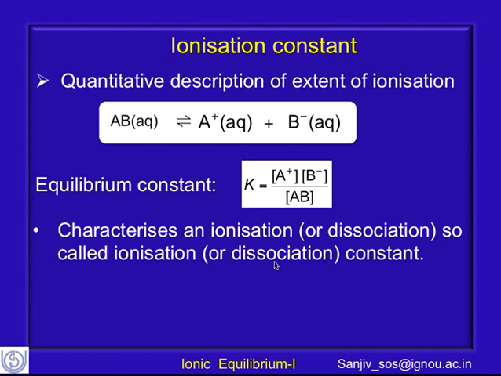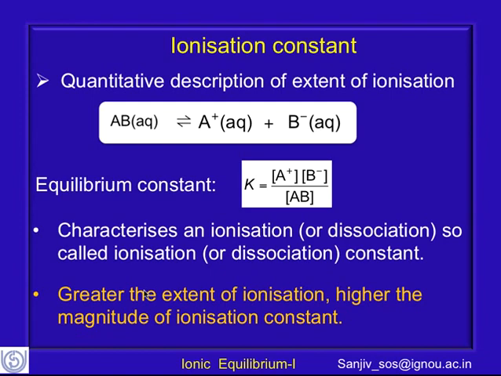I am using these terms interchangeably, but I have made it clear what dissociation means and what ionization means. In the context of weak electrolytes, ionization is the more appropriate term rather than dissociation. Now, the greater the extent of ionization, the higher will be the magnitude of the ionization constant, or the reverse of it.